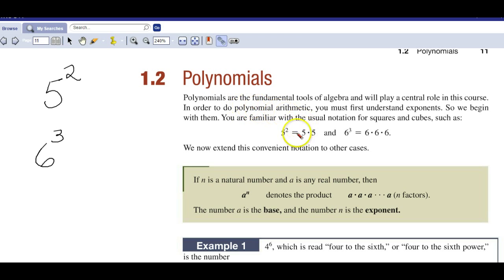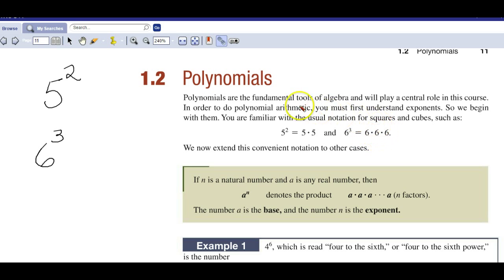Well, as we see here, 5 to the second means 5 times 5, and 6 to the third means 6 times 6 times 6.